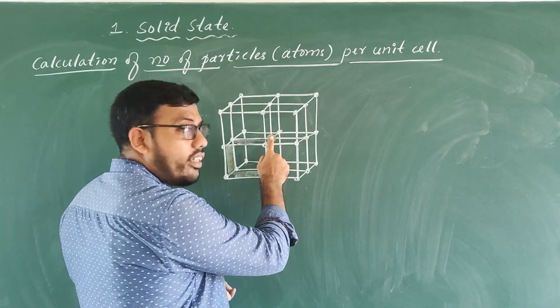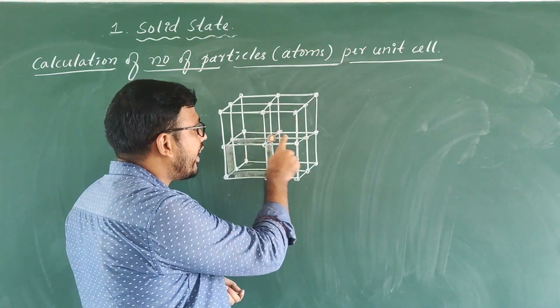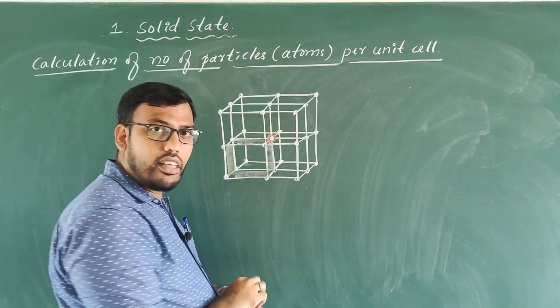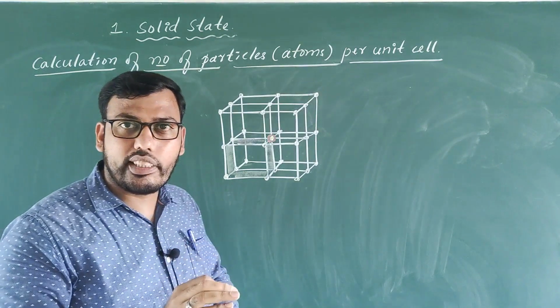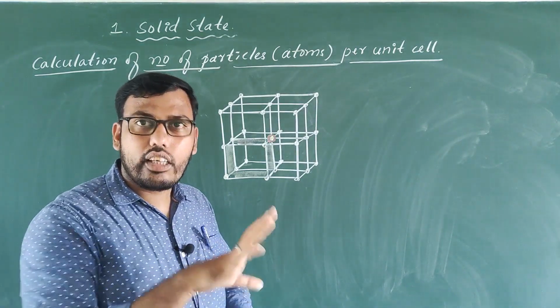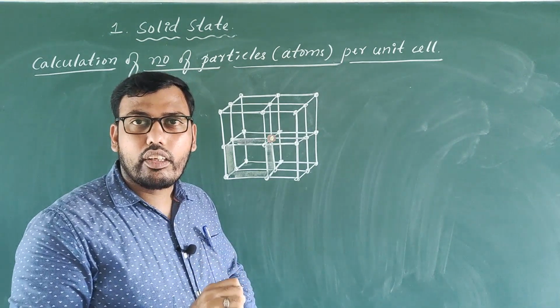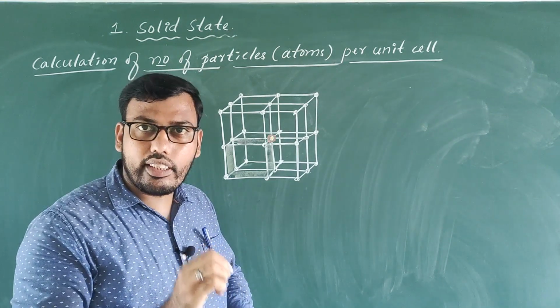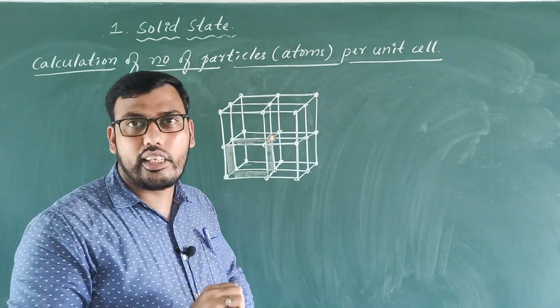Whenever a particle is present at the corner in a crystal lattice in the solid state, it shares 8 unit cells.